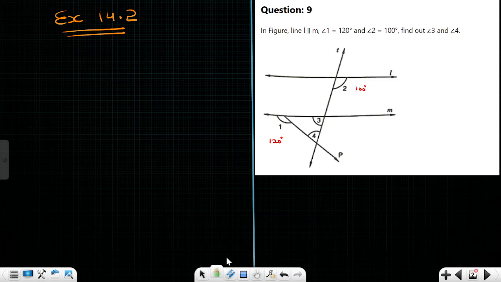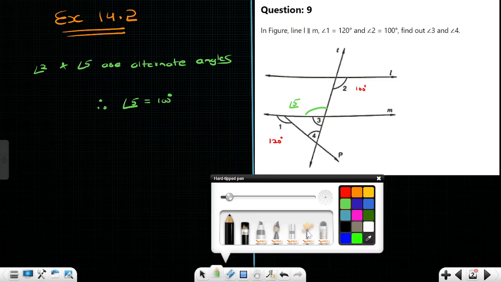If you see carefully, let's call this some angle 5. Here angle 2 and angle 5 are alternate angles. Therefore, angle 5 will become equal to 100 degrees. That is a known thing, na?